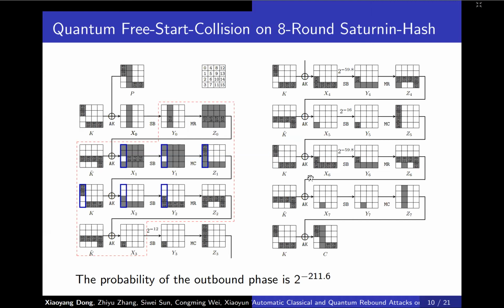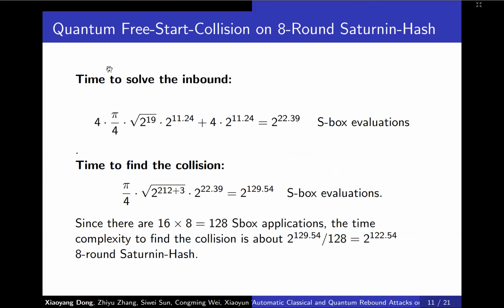At last, we find a related-key differential for each round of Saturnin, and we place the two-round inbound phase in this part, and the outbound probability is 2^(-211). Then we perform the quantum collision search, and the quantum time to solve the inbound phase is about 2^22.